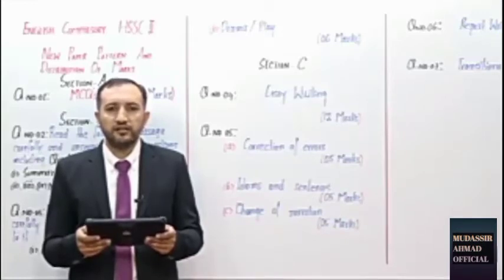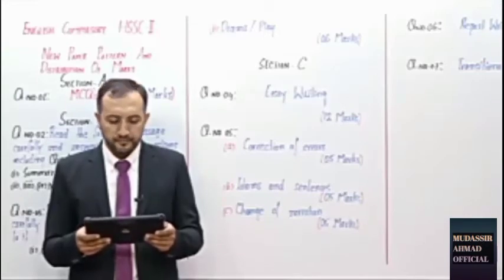So they will define the types of errors, that there is an error of spelling, and then you have to go through the passage which is given there, locate the errors, and then rewrite the passage while correcting those errors. And it was also the part of your old paper.